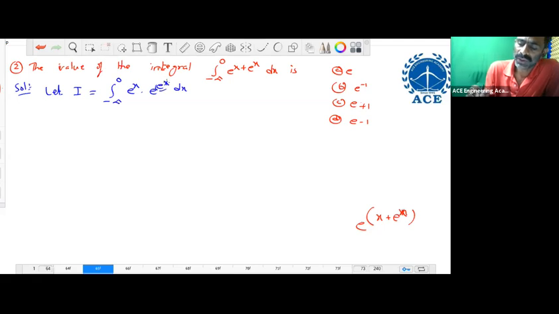The derivative of e power x is e power x. So this is just like the f dash of x into e power f of x form. This is equal to e power f of x. Directly using this, we can have the integral of this. Or we can take e power x equal to t also.